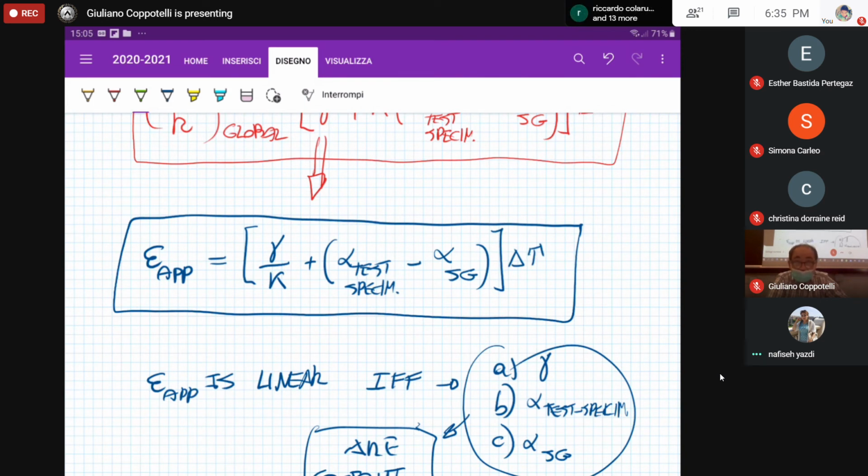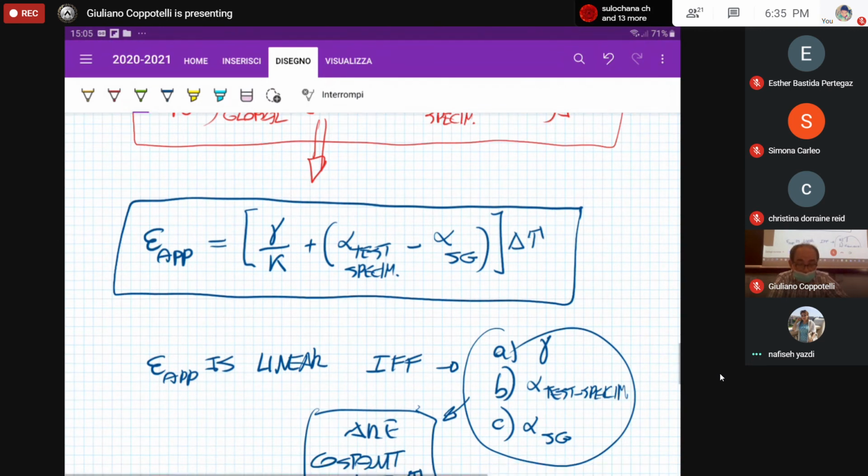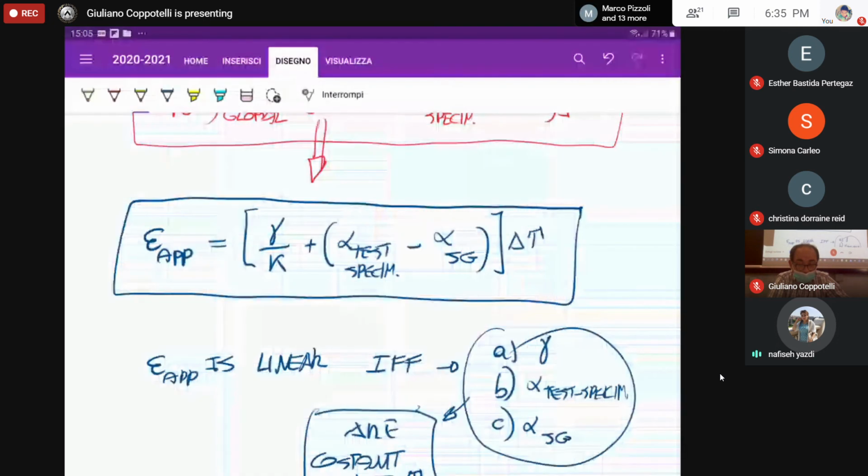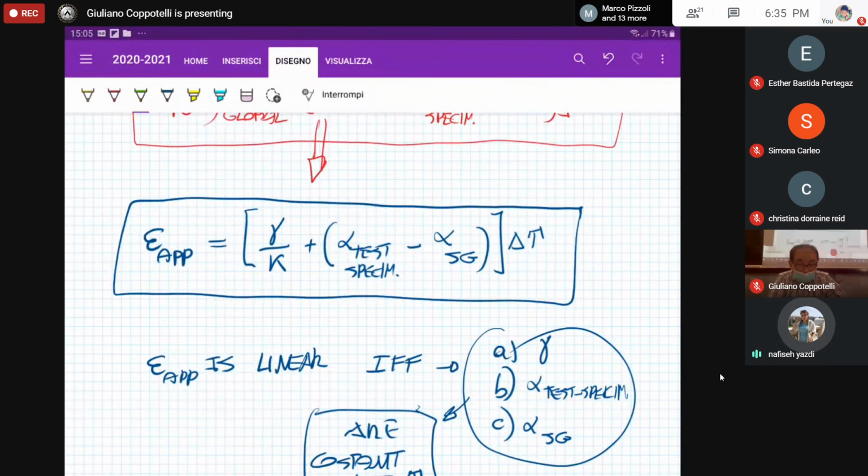And therefore, whatever your operating temperature is, the apparent strain is always 0. You made a strain gauge that automatically compensates the effect of temperature. Okay, so you mean if the numerical relation is 0, epsilon apparent is a linear function? No, not at all. It's 0. Oh, okay, yeah, you are right.